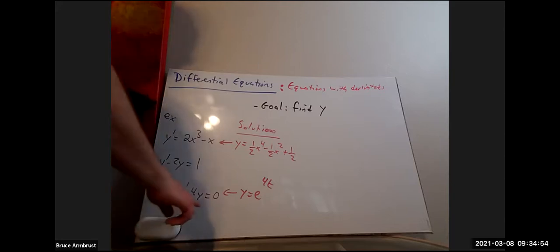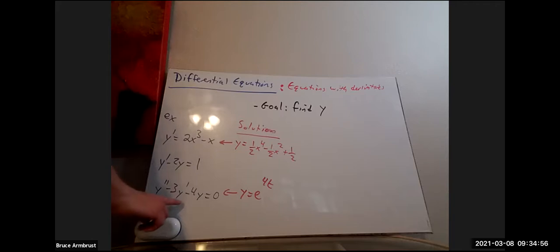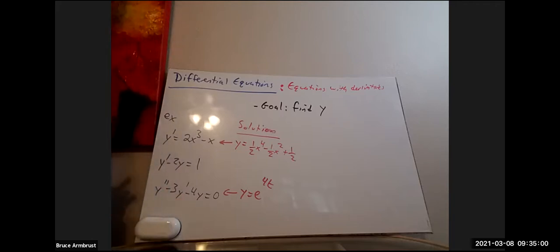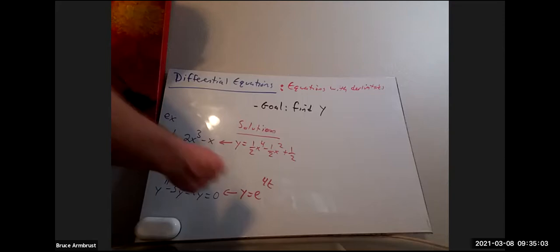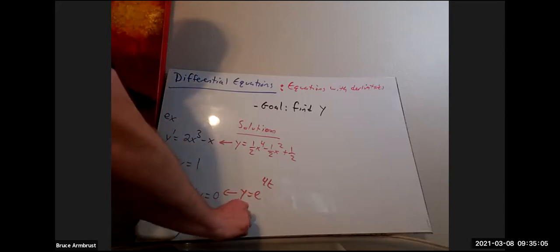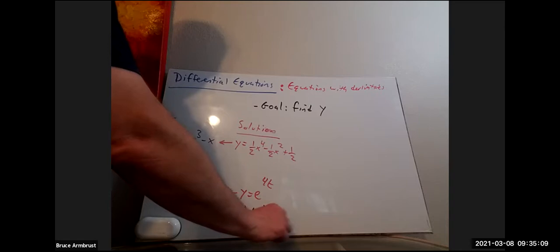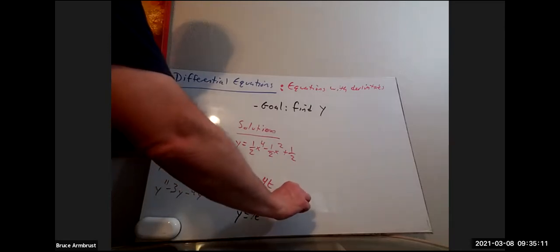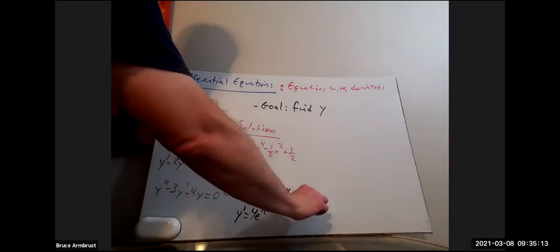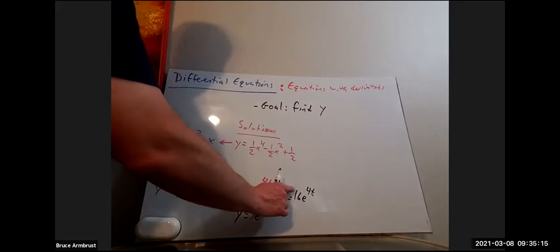To check this one, we'd need to get the derivative and the second derivative, so let's get those real quick. It's nice and easy because this is an e business. So y prime is going to be 4e to the 4t, and y double prime is going to be 16e to the 4t.